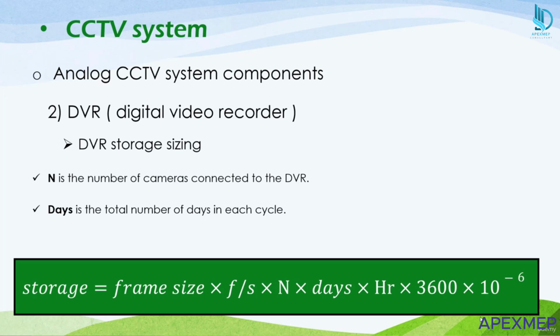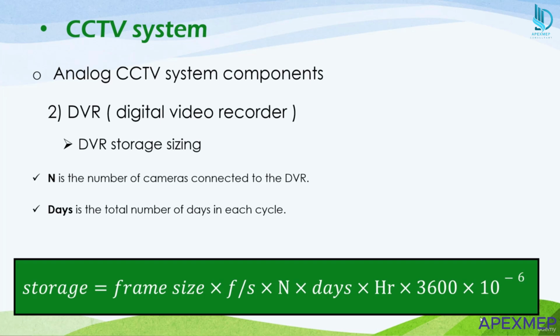For example, we may need the DVR to continue recording videos before being completely full for just 1 week, and in this case the required storage will be low, as the cycle will be just 7 days. But suppose we need the hard disk to continue recording for 1 month, for example, without being completely full.